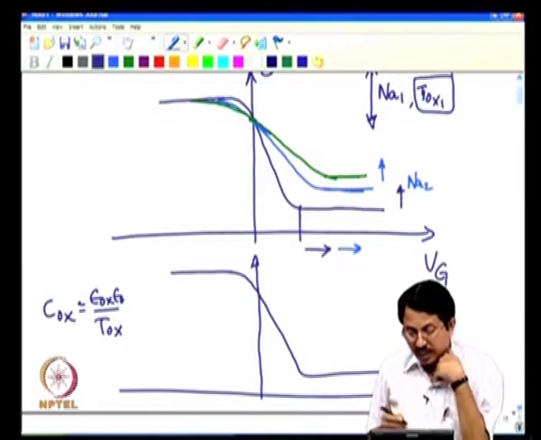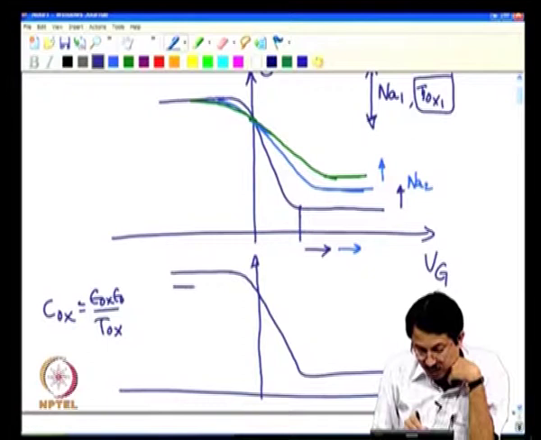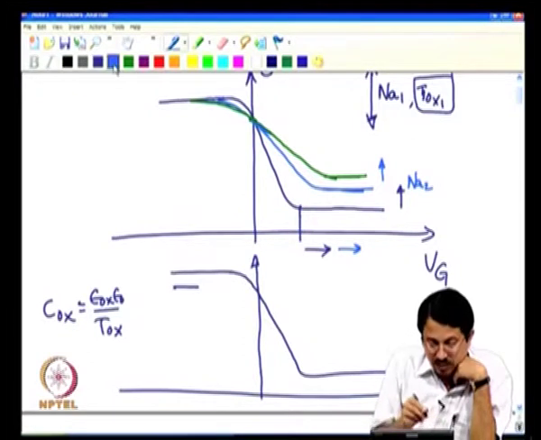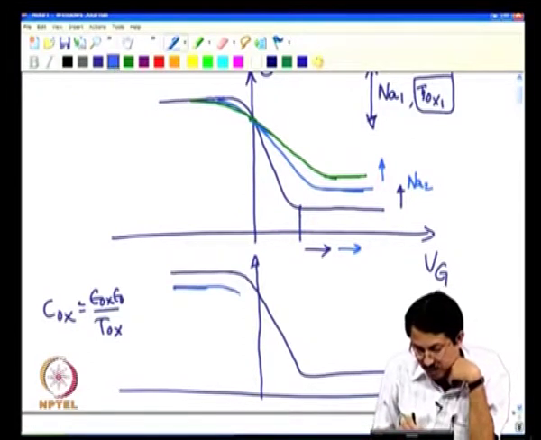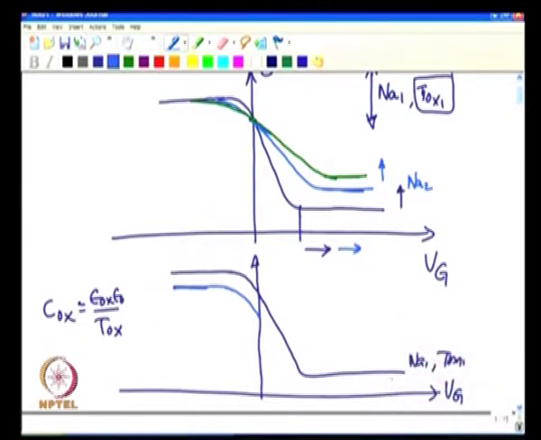So, what you would then expect is that if you start increasing the oxide thickness, this obviously will come down. Let me just illustrate here. And accordingly out here as well, because although Na is not changing, silicon capacitance is not changing, external oxide capacitance has decreased, and as a result your total capacitance will also go down.